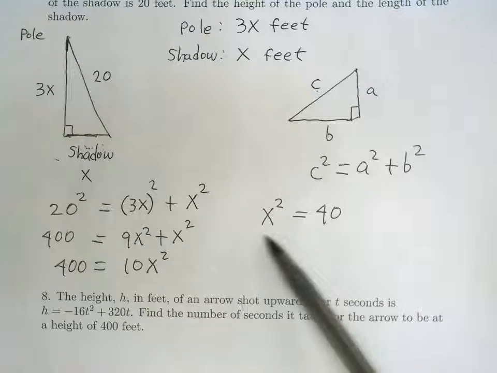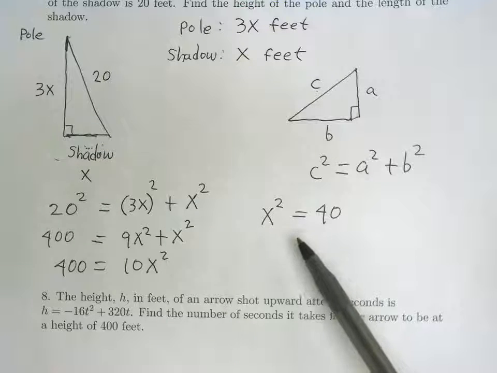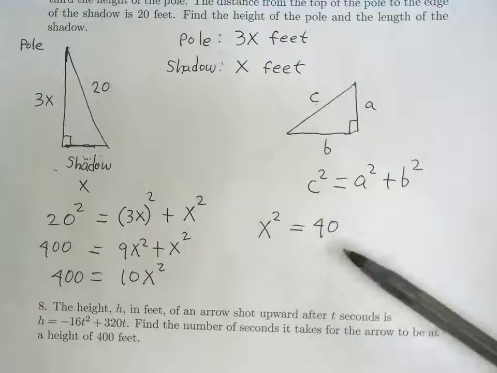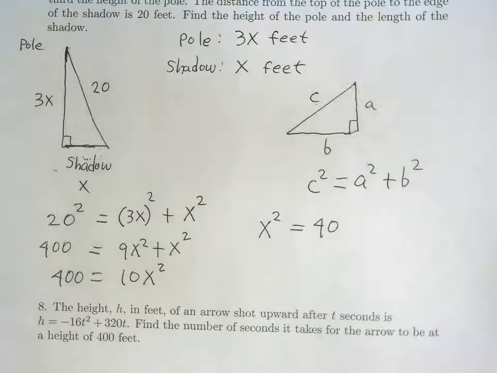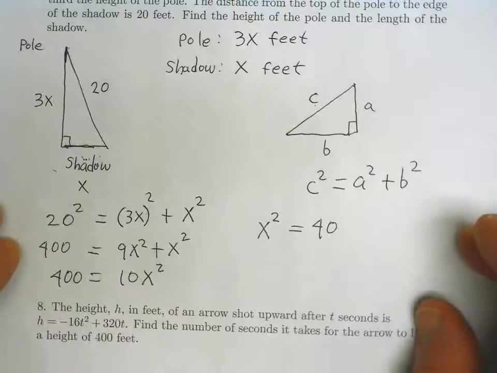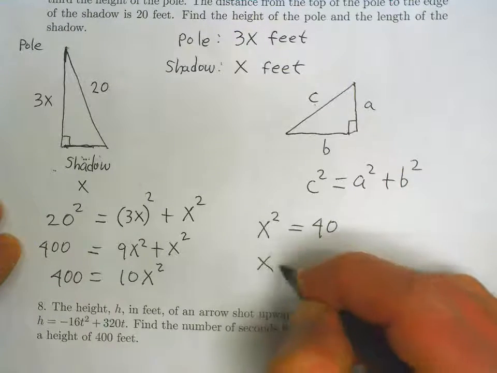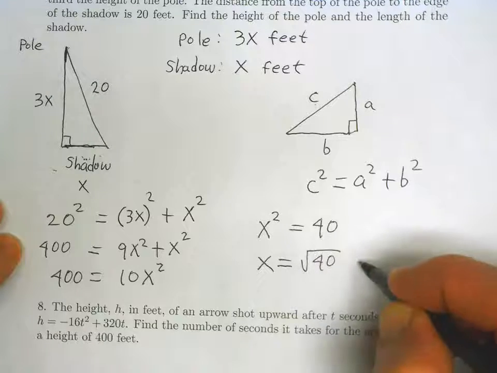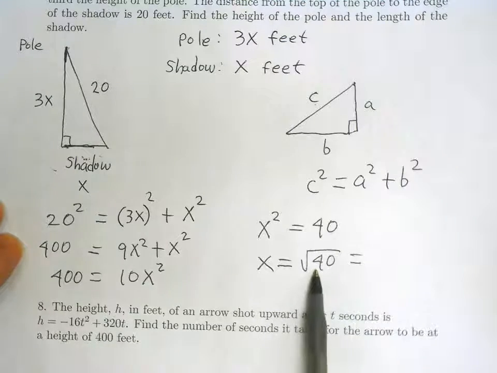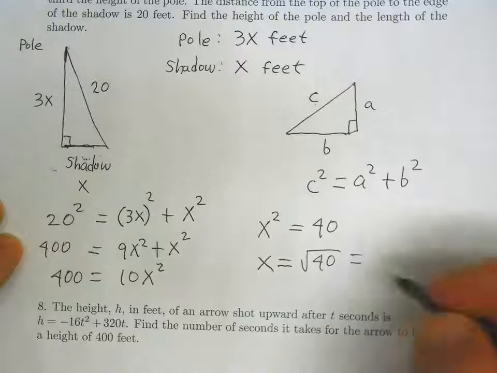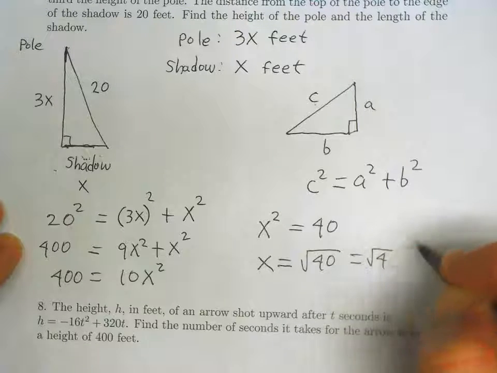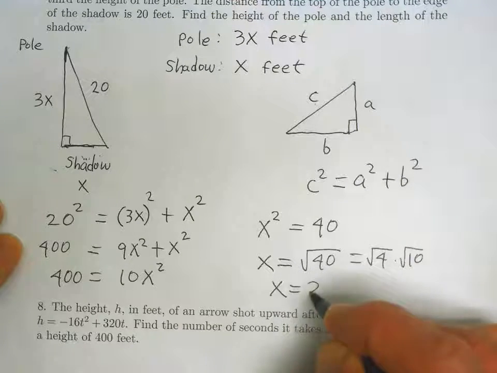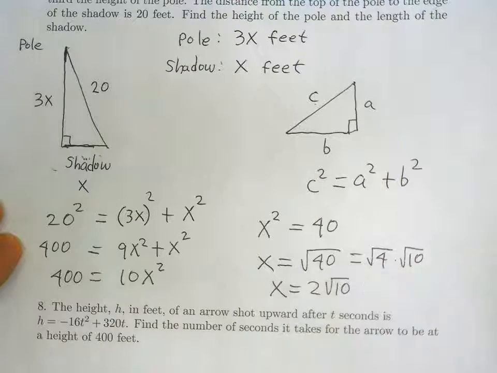This equation has a positive solution and a negative solution, but in this problem, the positive solution is the one that makes sense. Okay, so if we just write the positive square root of 40 and then simplify that, the largest factor of 40 that's a perfect square is 4. So this is the square root of 4 times the square root of 10. And so x is 2 times the square root of 10.